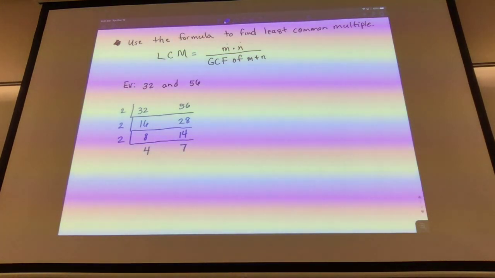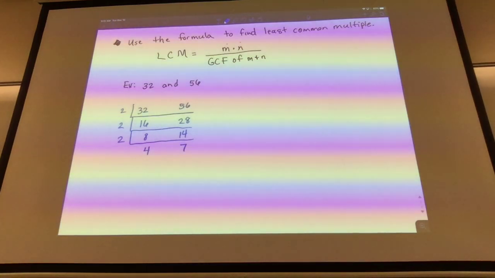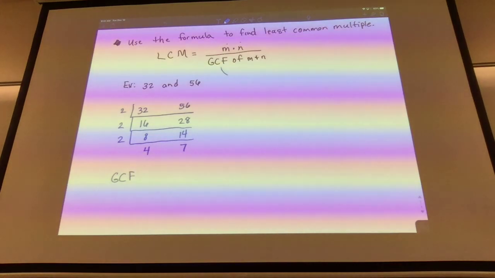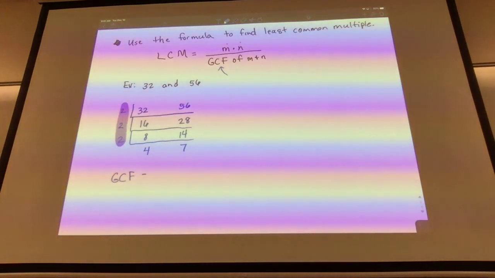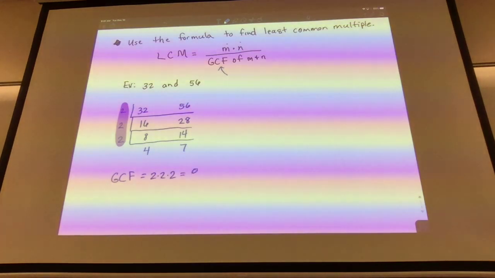Okay, that's as far as I can get. I need the greatest common factor in my formula, so what's the greatest common factor? 2 times 2 times 2. GCF is 2 times 2 times 2, which is 8.